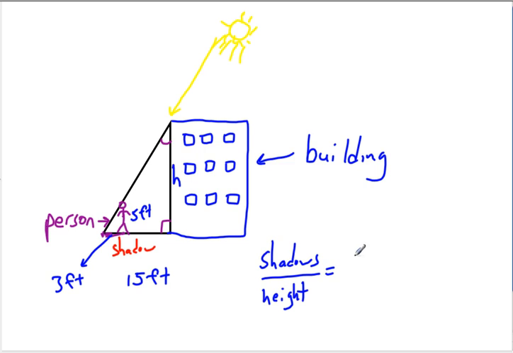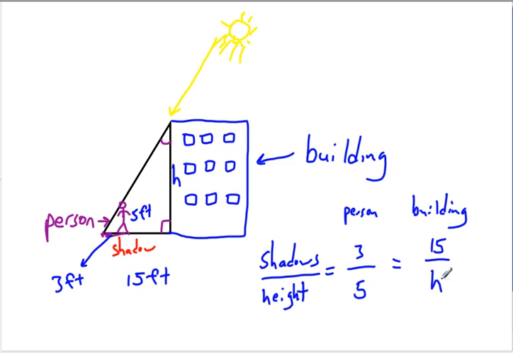And so the shadows of the person and building. So the shadow of the person was 3. The height of the person was 5. The shadow of the building is 15, and the height of the building is some unknown value.